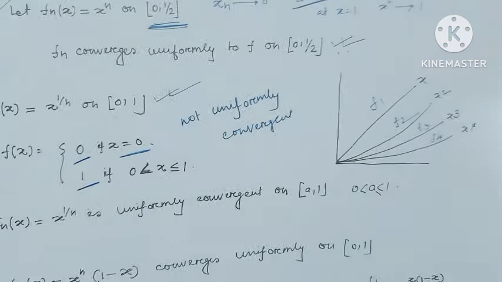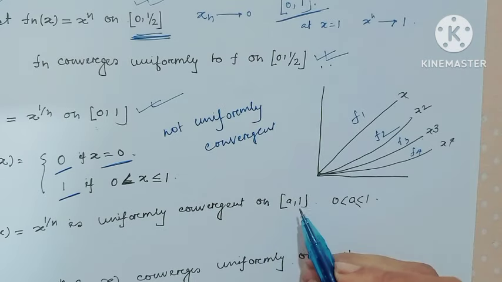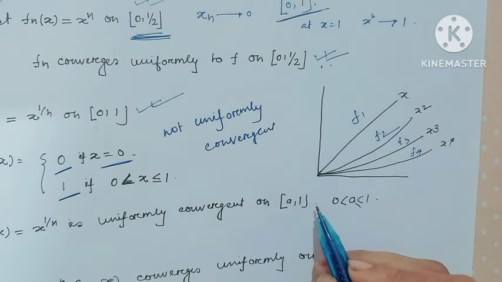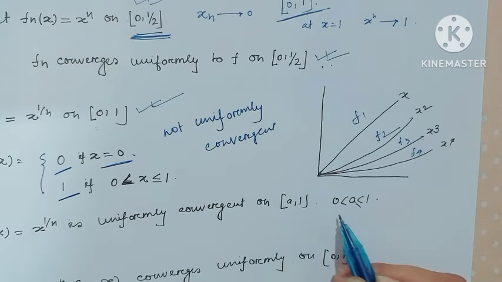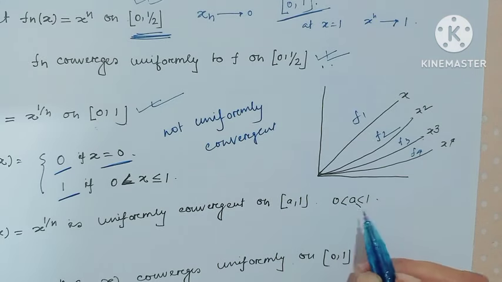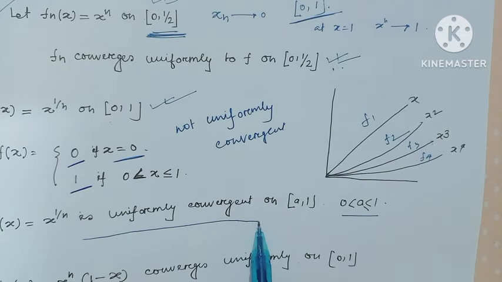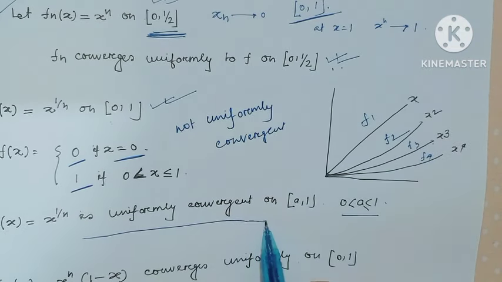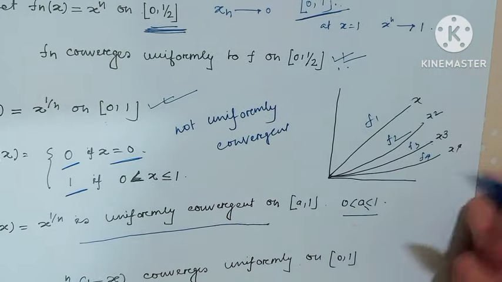But if we consider x to the power 1 over n on the closed interval a to 1, where a lies between 0 and 1, then obviously this sequence of functions is uniformly convergent, similar to before, by Dini's theorem.